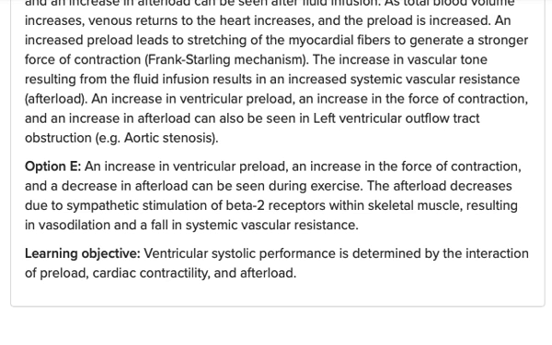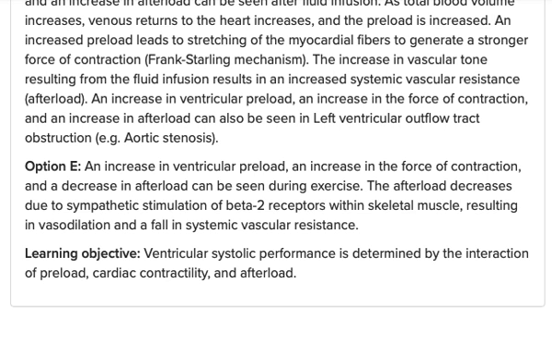Option E, an increase in ventricular preload, an increase in the force of contraction, and a decrease in afterload, can be seen during exercise.